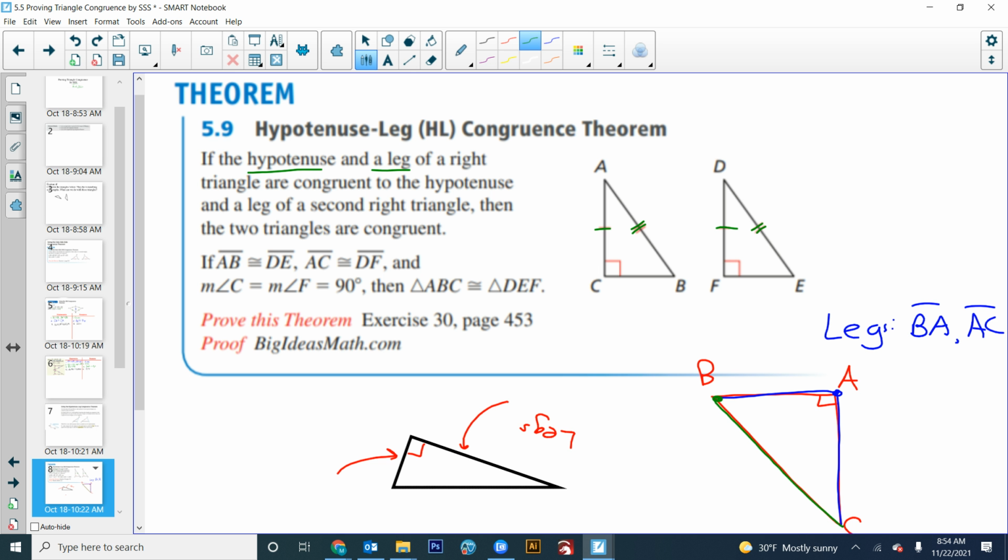Do not call this SSA. Or even worse, detention worthy. Do not do it.